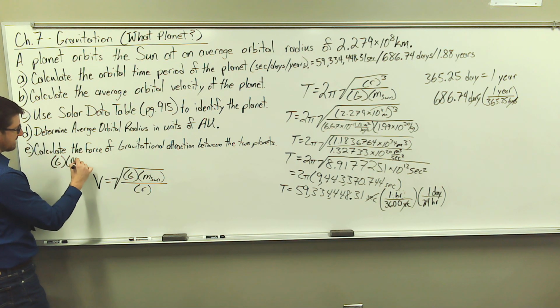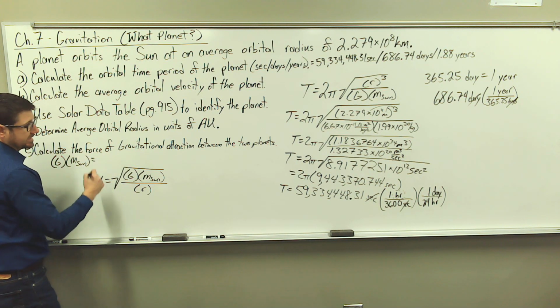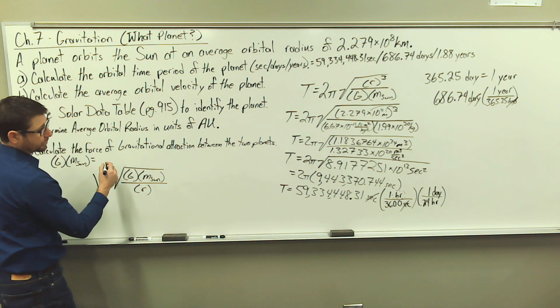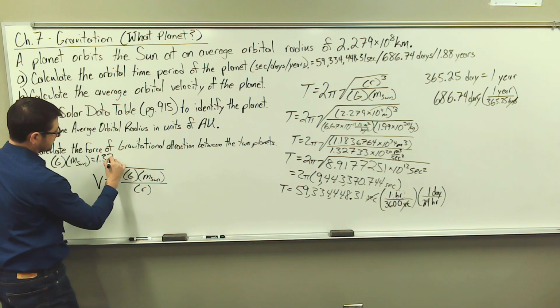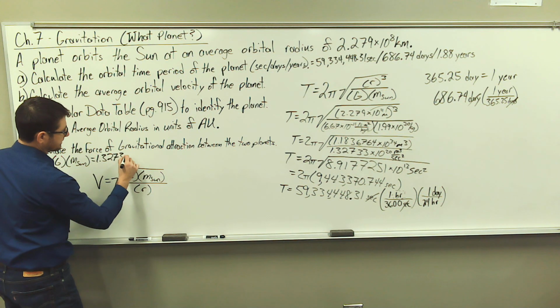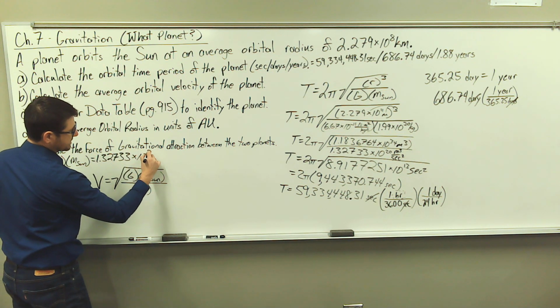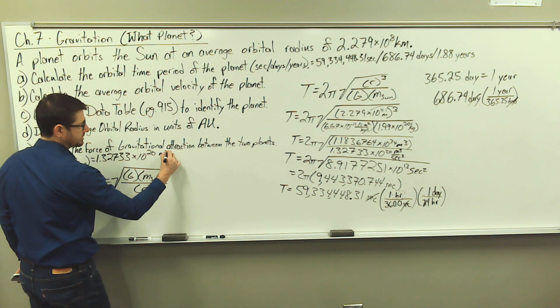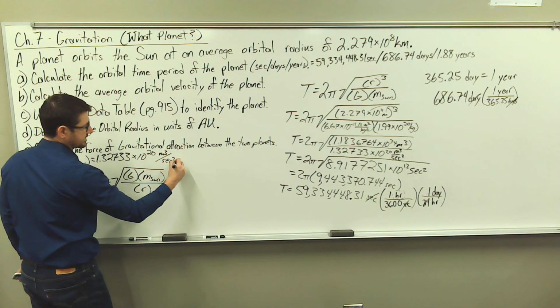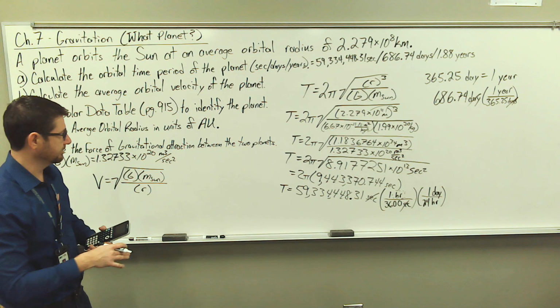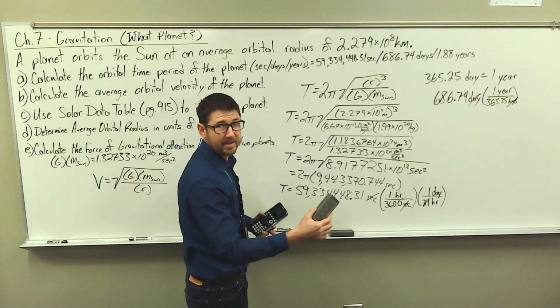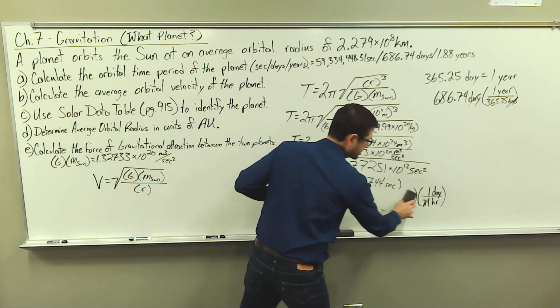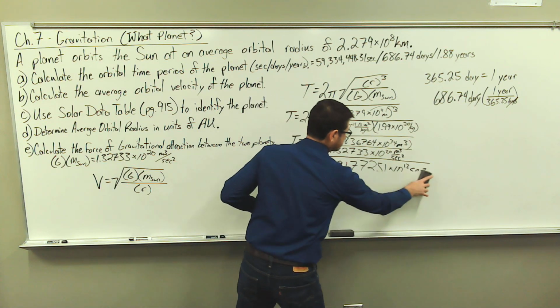G times mass of the sun is equal to 1.32733 times 10 to the 20th, and I have units of meters cubed per second squared. Okay? So, now that we have that value written down, let's go ahead and erase all of our algebra here.